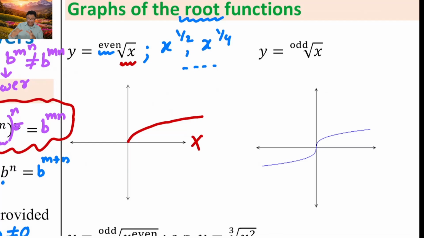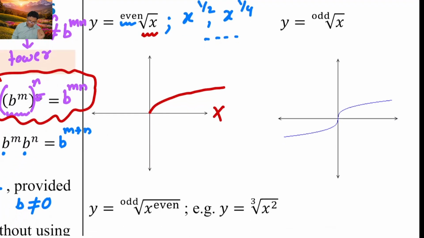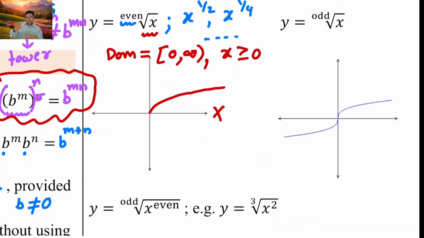So you can only define it for positive numbers and you get that graph. And noteworthy thing is that you can write the domain is only from 0 to infinity. Or in other words, sometimes we put this condition x is equal or greater than 0. So whatever is under the root should be equal or greater than 0.